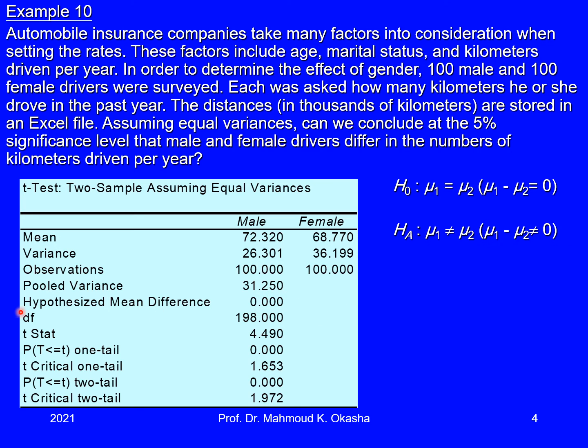The hypothesized mean difference is 0, because we said mu1 equals mu2, or mu1 minus mu2 equals 0. Degrees of freedom is 198.